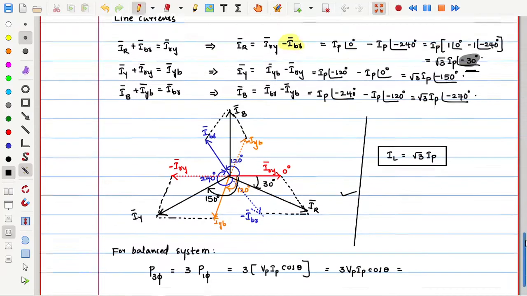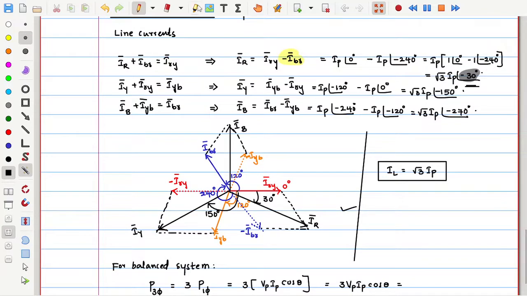The takeaway point is in the line currents. This is one line current, whose magnitude is root 3 times IP. That is what I am writing: IL, the line current, is equal to root 3 times IP.